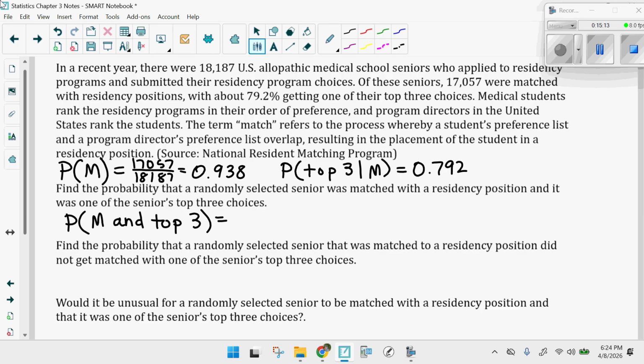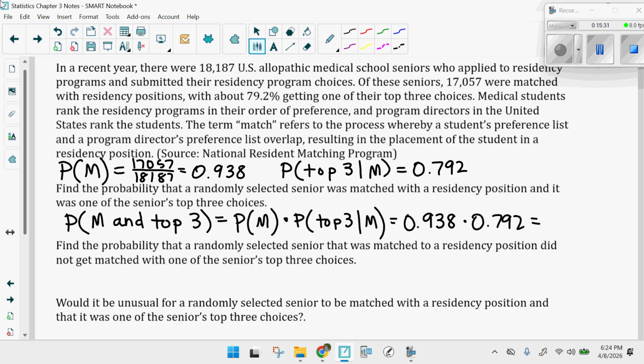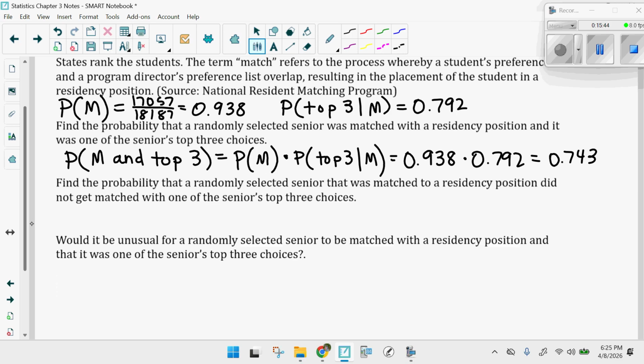So to find this probability, we'll take the probability of a match times the probability that they were top three, given that they had a match. And so that would be 0.938 times 0.792, which gives us a probability of about 0.743. So getting in that top three was dependent on whether or not they were matched. So that was a dependent probability.